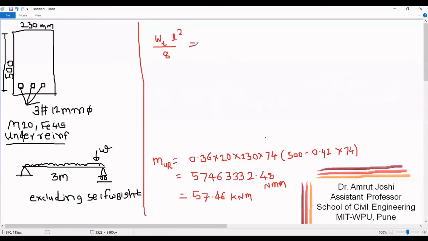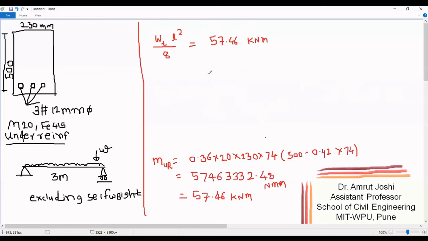If the beam is subjected to UDL and if it is simply supported beam, we know that the maximum bending moment occurs at midspan, and that value is WL square by 8. So I am not using the notation W, I am using the notation WT. WT stands for W plus UDL due to self weight. So therefore WT into L square by 8 can at the most have value equal to 57.46 kilonewton meter.